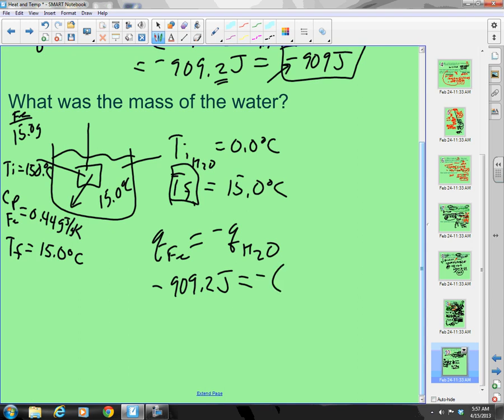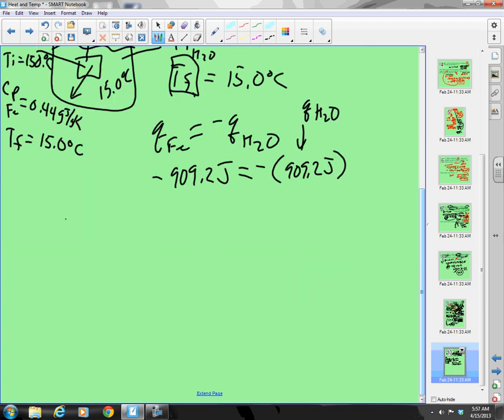Well, negative what? 909.2 joules. So this is my Q water. Good. So I have 909.2 joules, which is Q water, equals M water, C sub P water. What's C sub P? 4.18 joules per gram Kelvin for water.